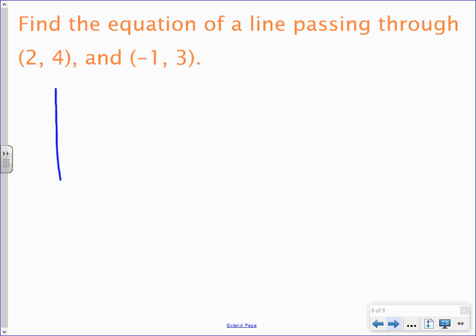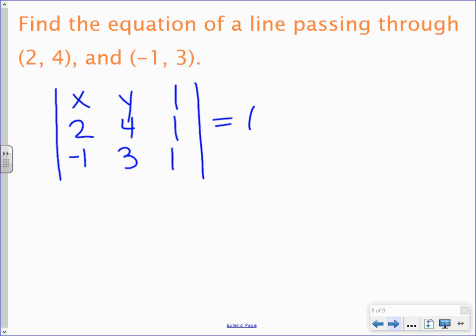So, we know that if we put 3 points into this matrix, and they are collinear, the determinant is 0. Okay, so you have to have all of that. You have to put your points in the matrix, and we know that that determinant is 0. Okay?